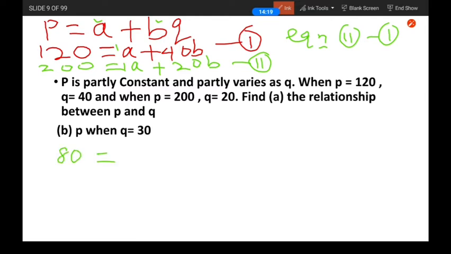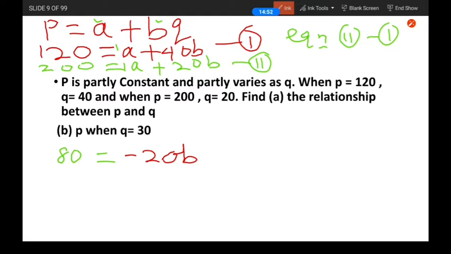A minus A, that gives us 0. Remember, I'm starting from down, equation 2 to equation 1. So it will be 20B minus 40B. And that gives us what? Minus 20B, correct. Again, 200 minus 120, that is 80. 20B minus 40B gives us minus 20B.